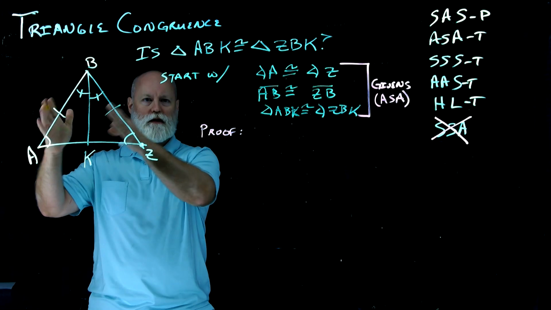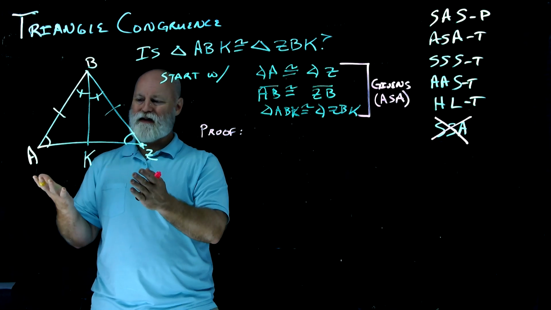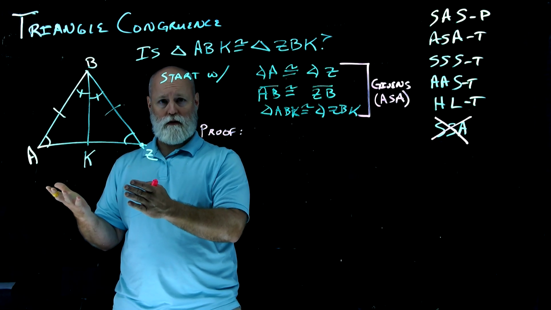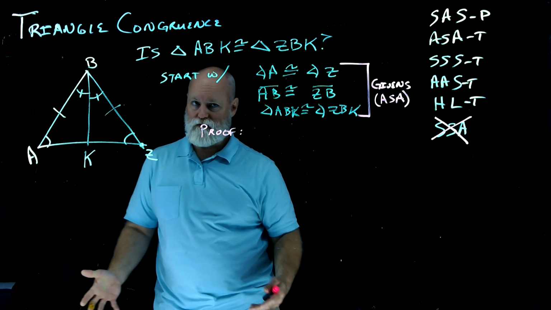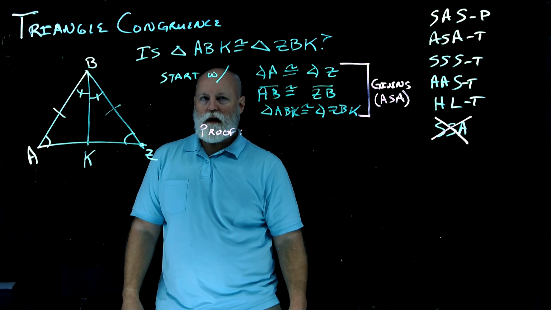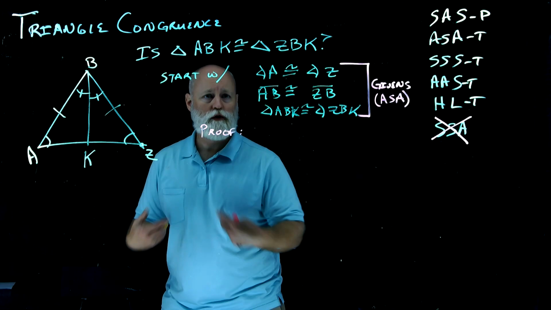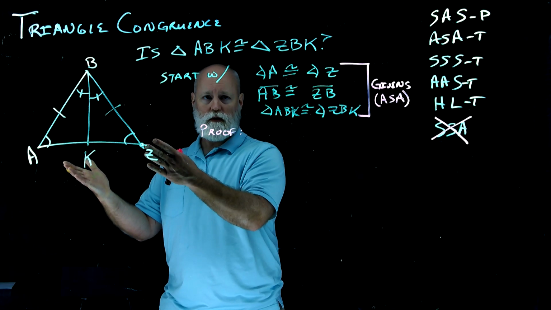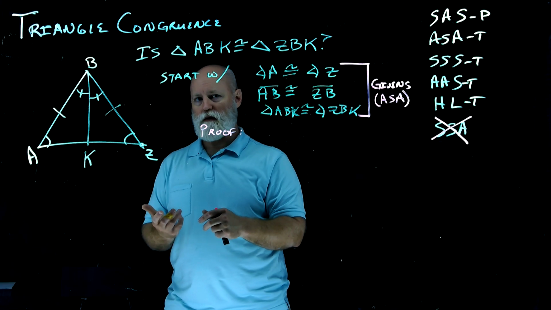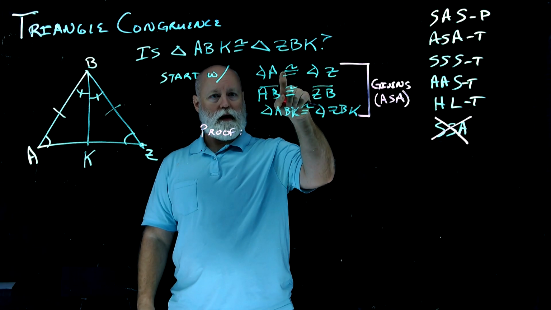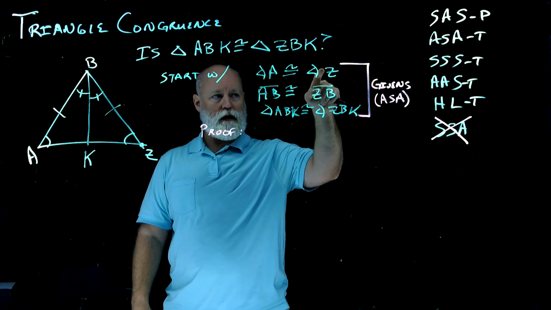Well, first I constructed the triangle in a very particular fashion to help me. The next question may be, you can just design the triangle to look however you like? Kind of, yeah. This is geometry. Draw it the way you want to draw it that makes use of the geometry you have to deal with, namely an angle, a side, and an angle congruent to an angle, a side, and an angle.